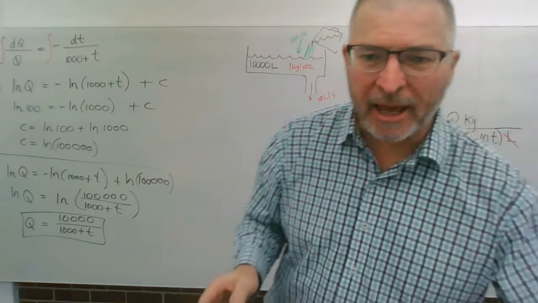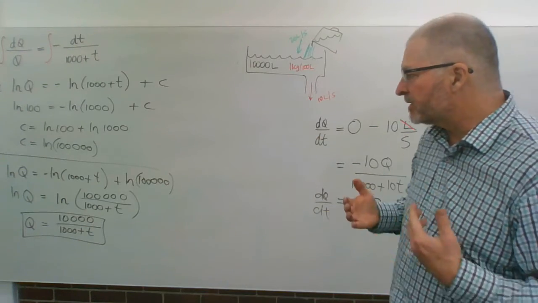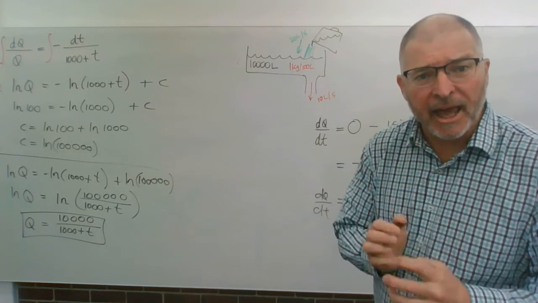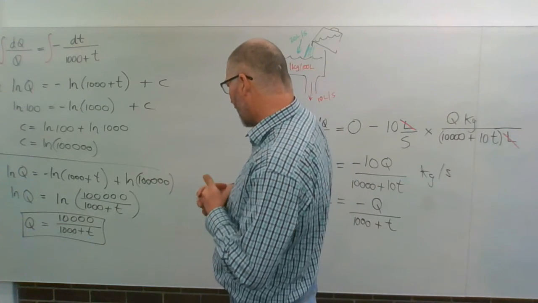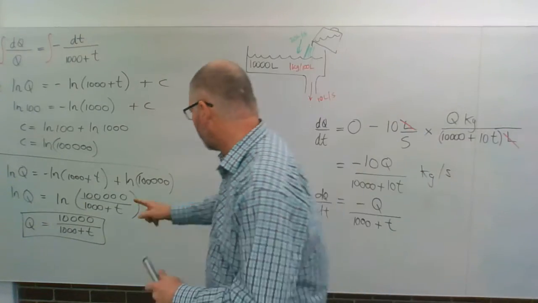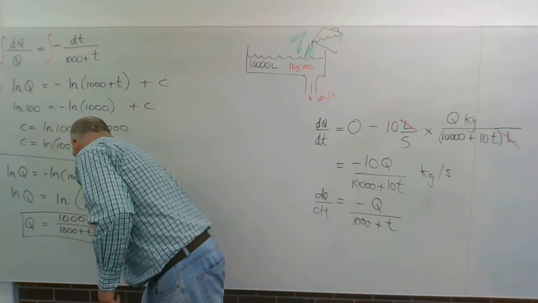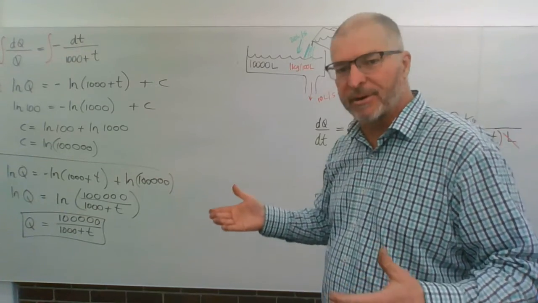Now we should check whether that makes any sense to us by looking at when t is 0, we should have had 100 kilograms of salt in there. So put t equals 0 and it's 100,000. It did say 100,000. And it's 100,000 divided by 1,000, which gives us 100.